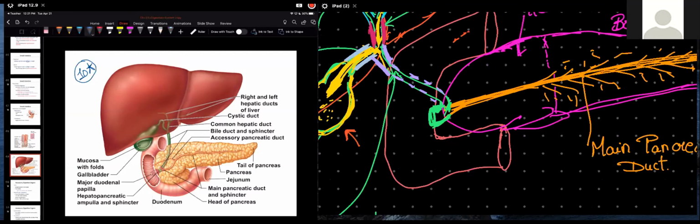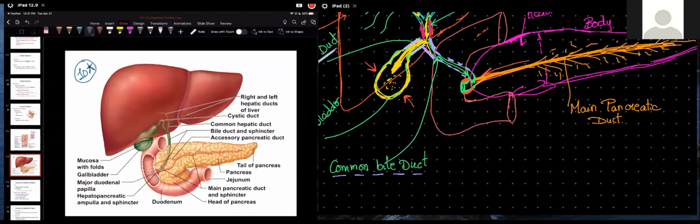So the bile is coming here from the common bile duct, or the bile duct. The pancreatic secretions are coming here through the main pancreatic duct, but you see they will be passing through a common pathway, which is this bulging part.